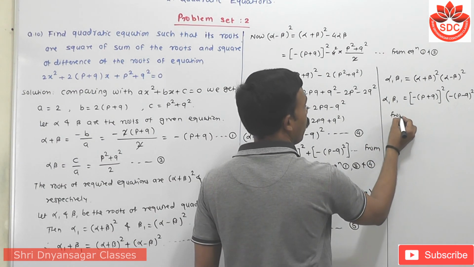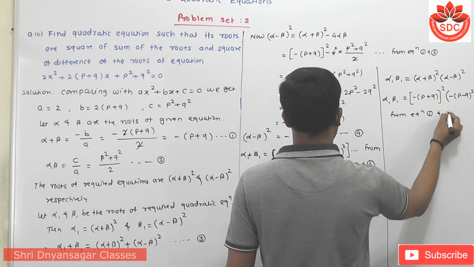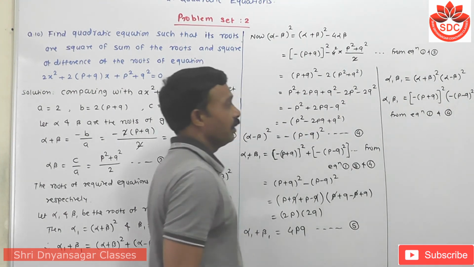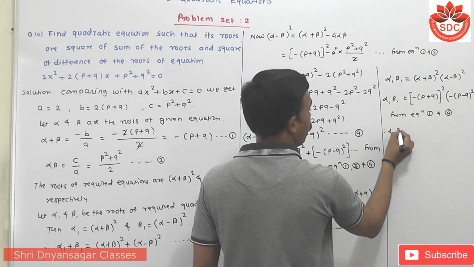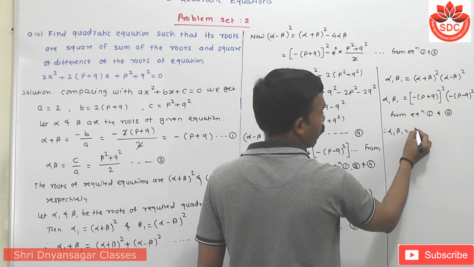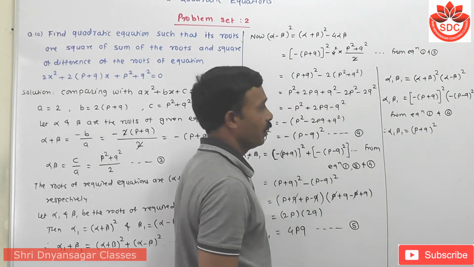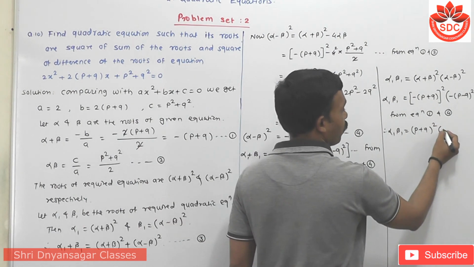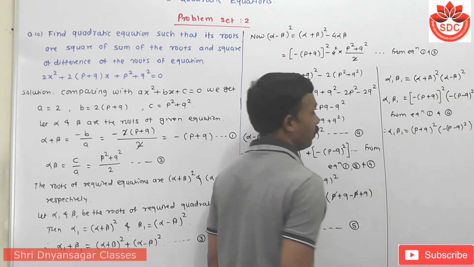From equations first and fourth, the squaring of this bracket, therefore alpha 1 beta 1 is equal to the square converted as plus, that is (p plus q) whole square. Here, as it is, minus in bracket (p minus q) whole square.